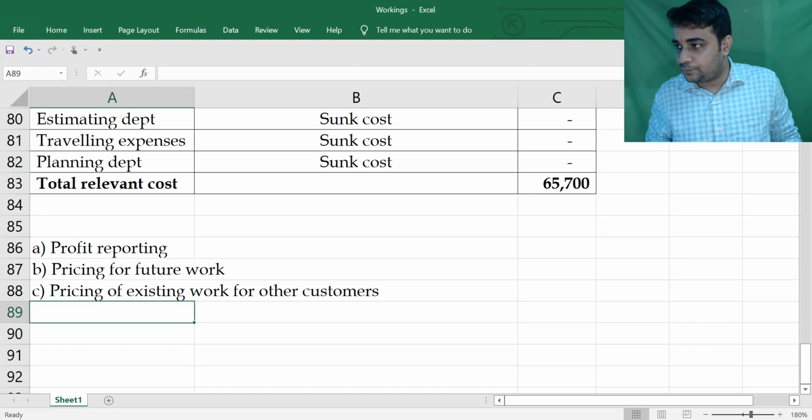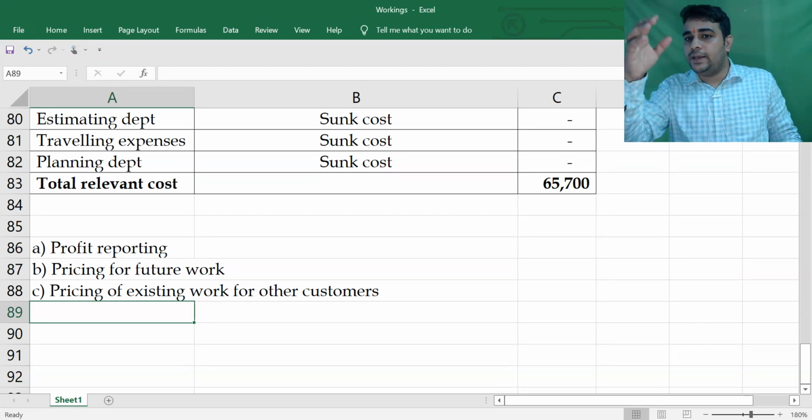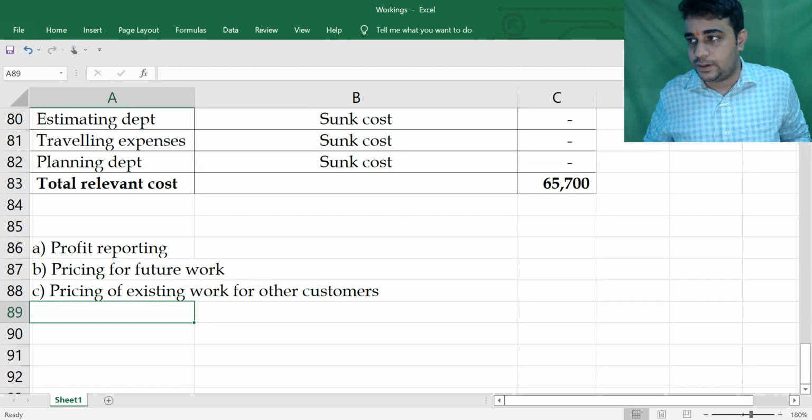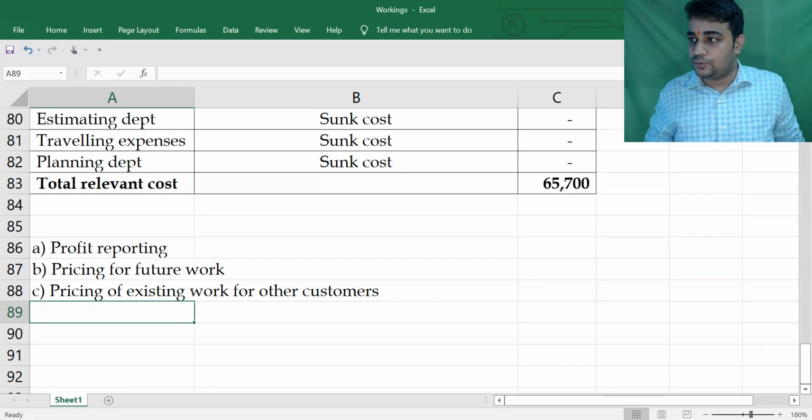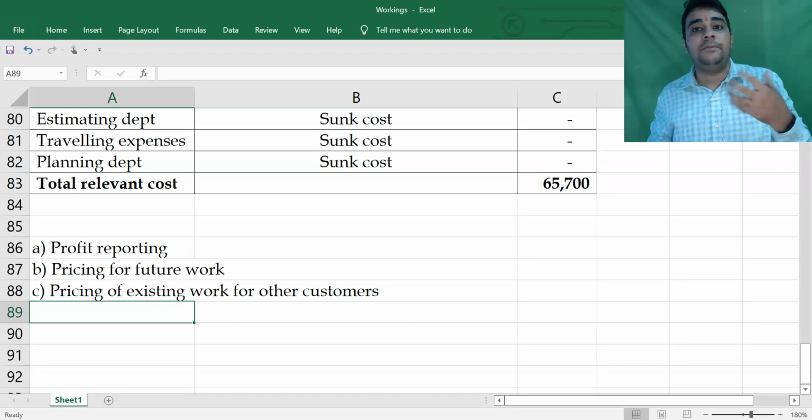I keep giving this work to them, and doing their analysis, they were charging 1 lakh for me because their 85,500 was the cost. They were charging 1 lakh for me regularly, and I'm a regular customer, very happy with this. Suddenly I got to know that this guy has given this contract at 70,000 for some other customer. So I will feel that because I am loyal to this company, they have indirectly punished me.